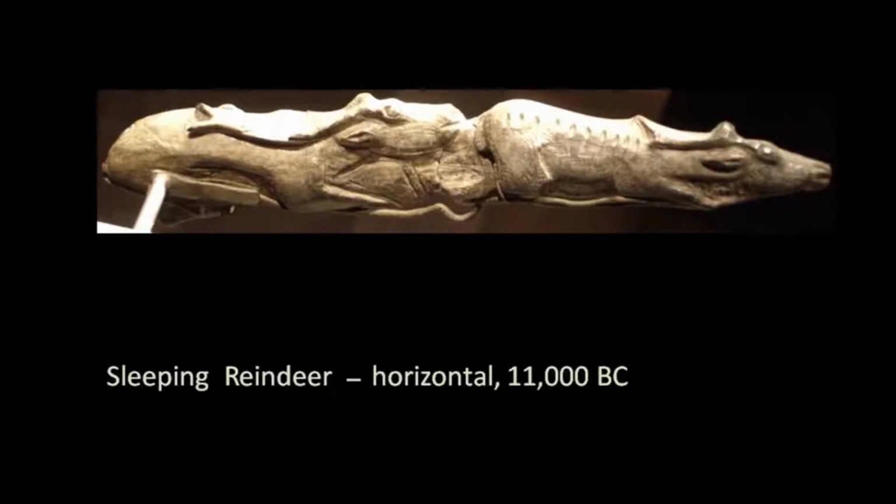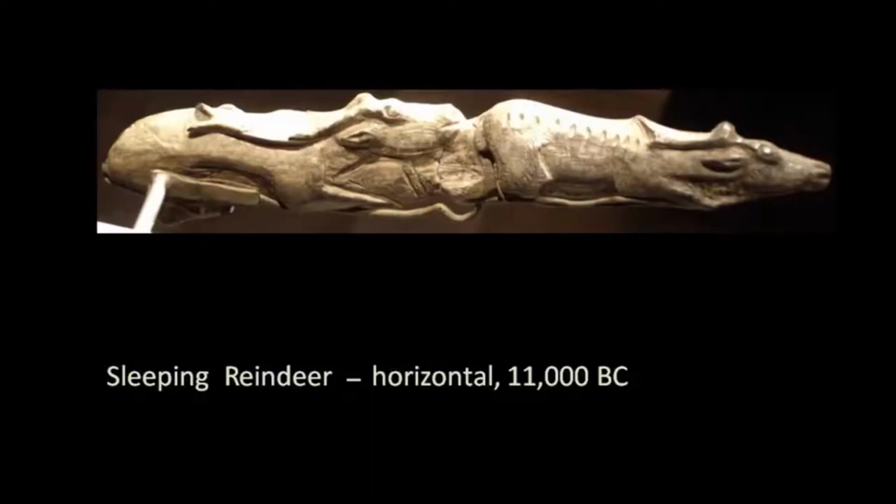Now they started carving on the bones, and because of the very shape of the bone, they came up with some visual ideas like a sleeping reindeer or very elongated human figures which would suit that particular shape of the bone. So this is important for us because this gives a very strong lesson for us, that the visual perception in art for them was deeply connected to the material they were working with. Because the bone itself is of an elongated shape, you have to follow that, and your figures also tend to assume that shape.